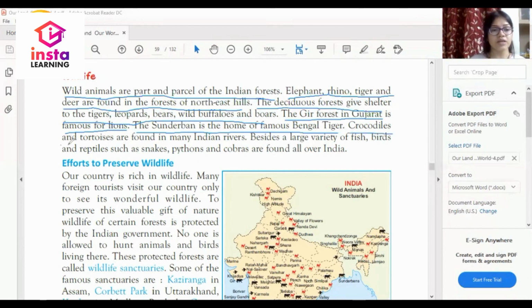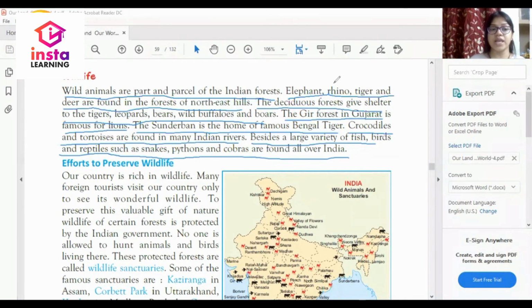Crocodiles and tortoises are found in many Indian rivers. तो crocodile, मगरमच्छ और tortoise इंडियन रिवर में बहुत फेमस हैं. Besides a large variety of fish, birds and reptiles such as snakes, pythons and cobras are found all over India.